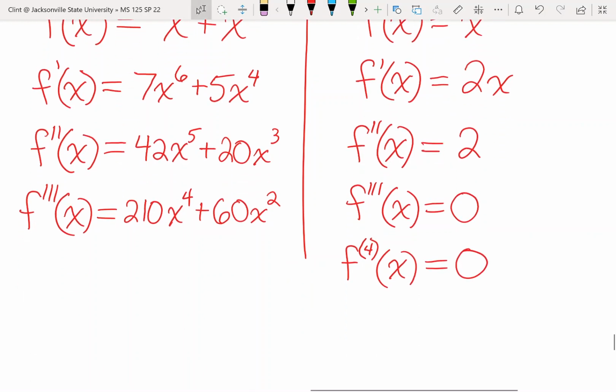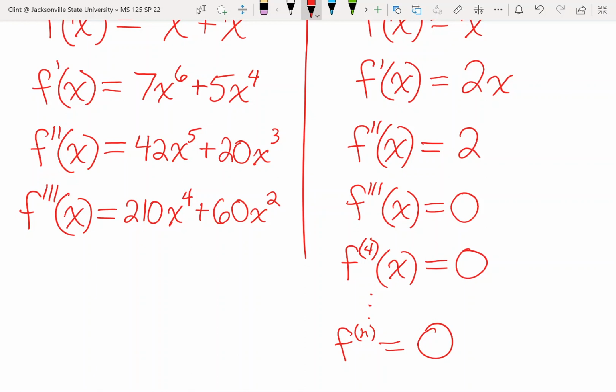So at some point, when you have any polynomial, your whatever order derivative will turn into 0, and any derivative after that will be 0. That's true with polynomials. The one we started with would do that too.